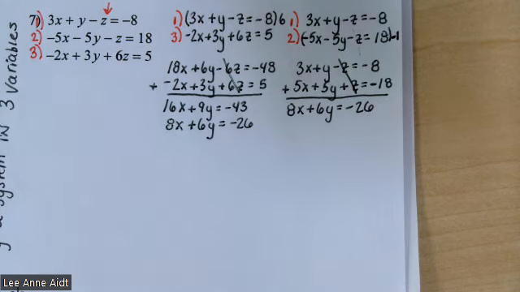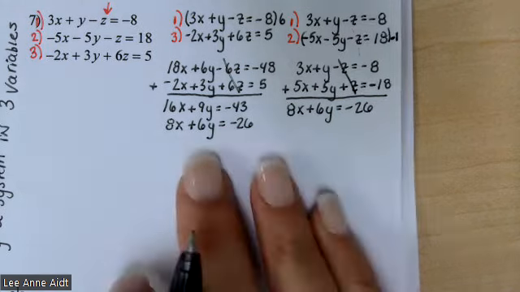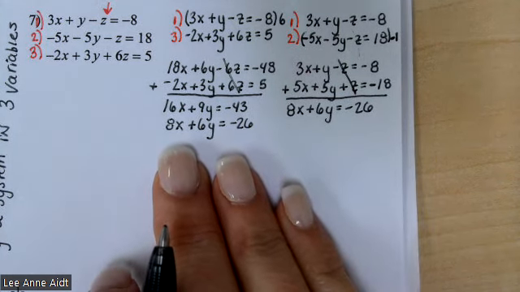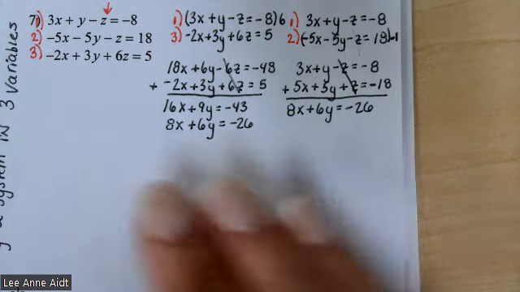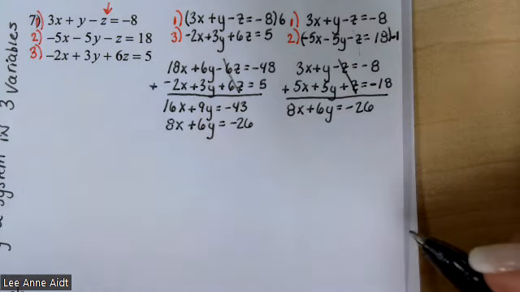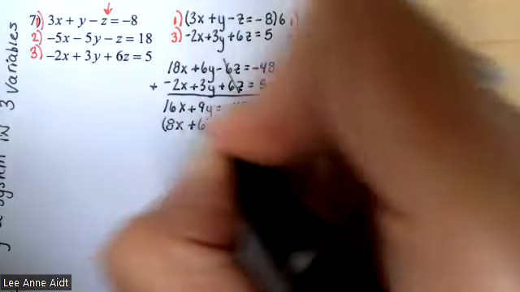Does anyone see a good strategy for solving this system? Multiply the bottom by -2. Beautiful.